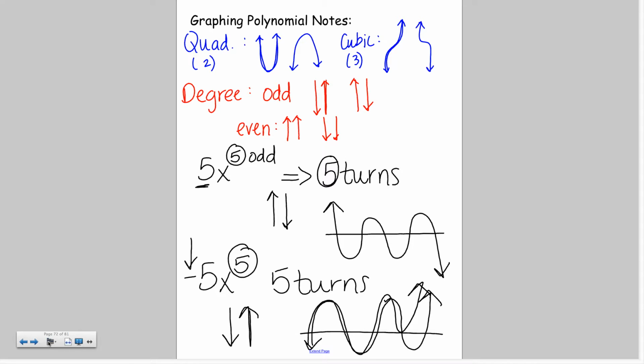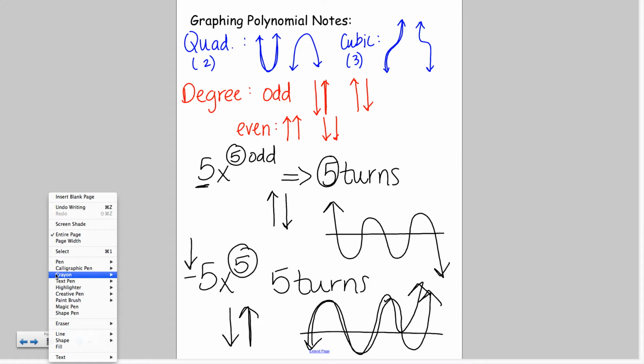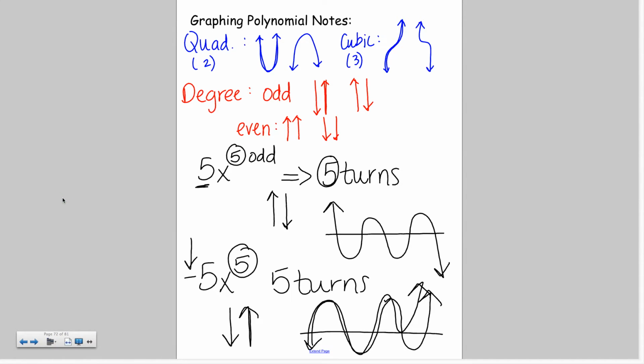All right, let's look at an even degree. If we had 2x squared, because it's 2, which is even, our ends are going to go in the same direction. Now, which direction depends on that leading coefficient.